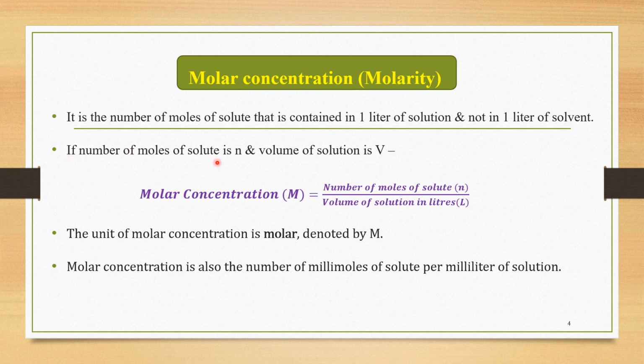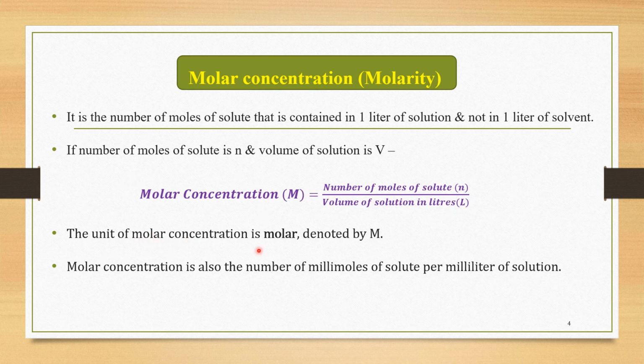If the number of moles of a solute is n and the volume of a solution is V, then the molar concentration, represented by capital M, is equal to the number of moles of solute, that is small n, divided by the volume of the solution in liters. By using this ratio, we can get the molar concentration of a particular solution.